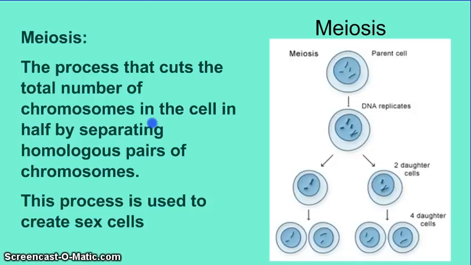We take one normal body cell, or in this case a parent cell as it's called, and we make 4 daughter cells. And if you pay attention to the chromosomes in those daughter cells, you will notice they have half the number as the original parent. 1 long, 1 short, instead of 2 long and 2 short.